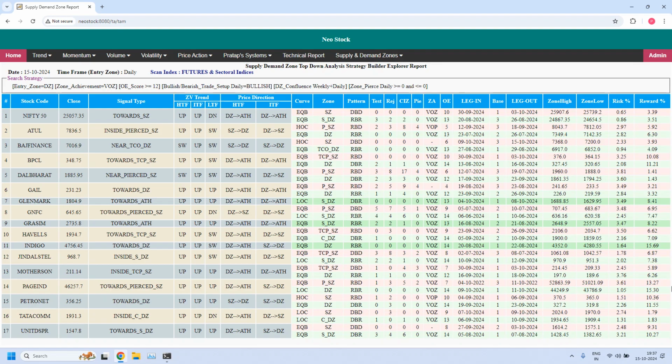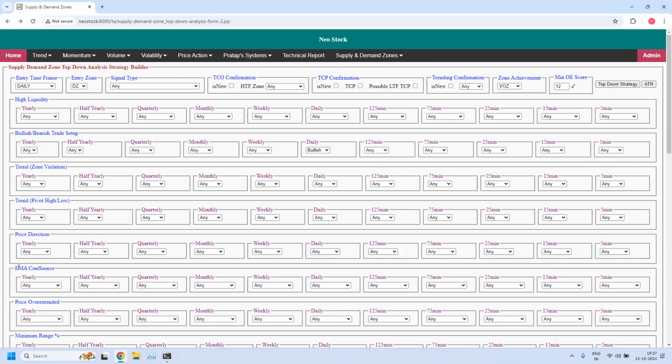Because weekly trend is up, if these weekly zones are having weekly EMA confluence, it is high probability setup. Because daily zone is part of the weekly zone. If weekly zone is having weekly EMA confluence with uptrend, it's a high probability setup. So in the EMA confluence at a weekly time frame, I am enabling the filter weekly demand zone with weekly EMA confluence.